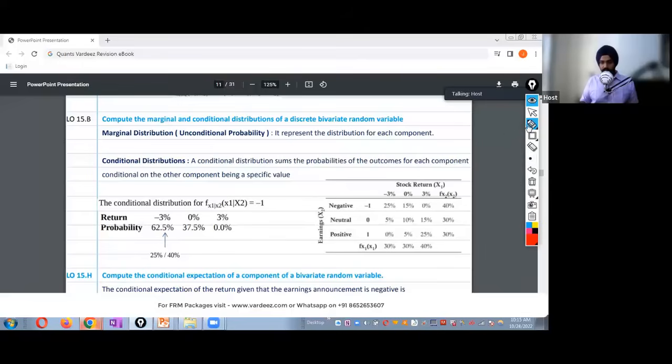First thing first, whatever is given as x2, you go here, the data is -1. That's your only thing that is available to you. I can remove this other part because I don't need it.